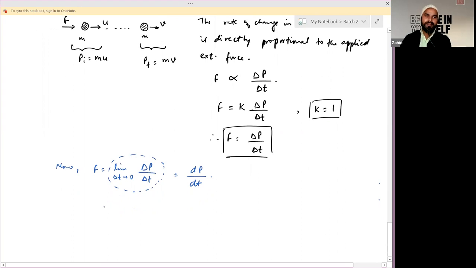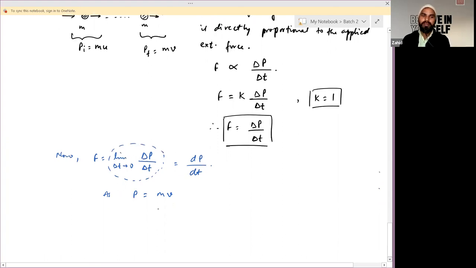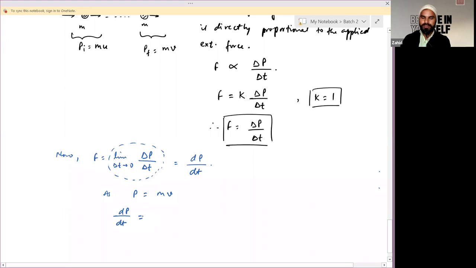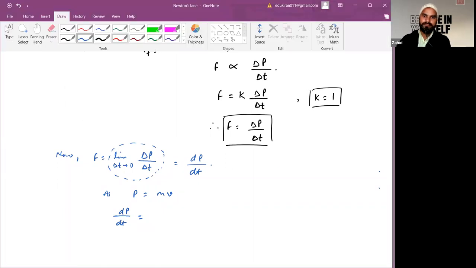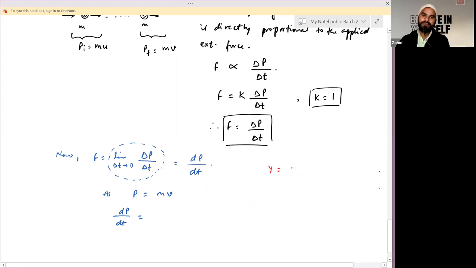Now, as momentum is the product of mass times velocity, and I'm assuming that both mass and velocity are variable in this part, if you differentiate it with respect to time using product rule, suppose you have y equals f(x) multiplied by g(x).